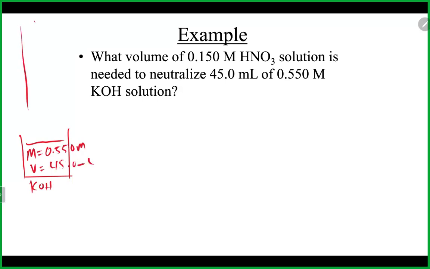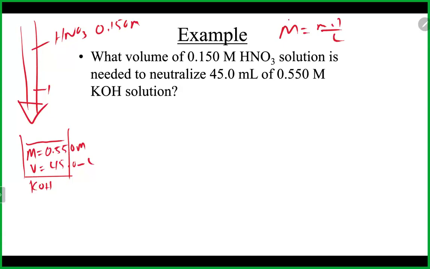Now, if you put your nitric acid up in your burette, the only thing you know about it is its molarity, which is 0.15 molar. Remember that molarity is moles per liter. So we do know the molarity of the nitric acid, and we are looking for the volume. What we're going to do is use stoichiometry to figure out the moles so that we can then figure out the volume.